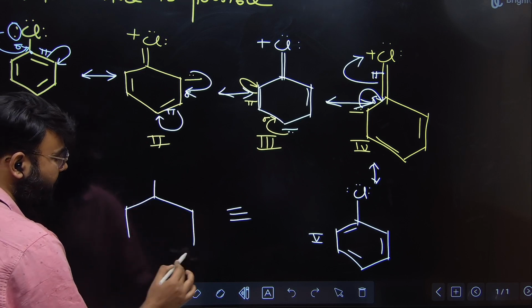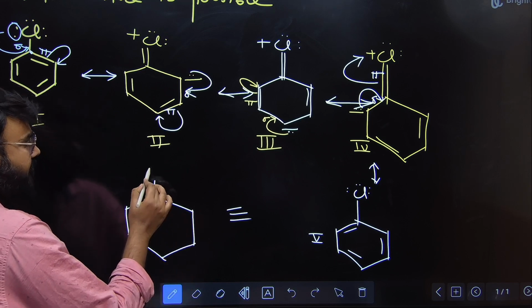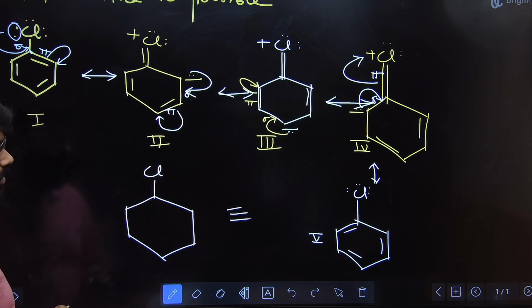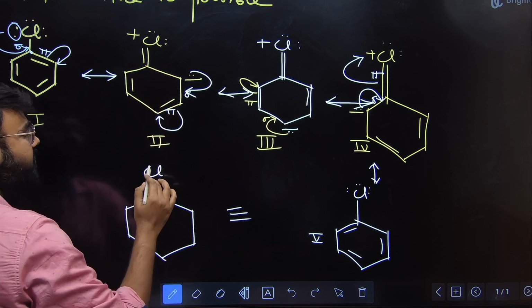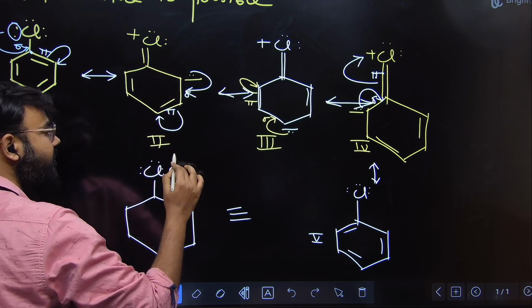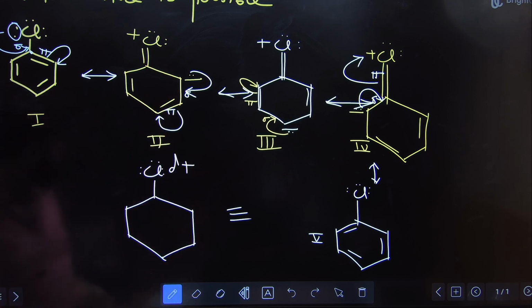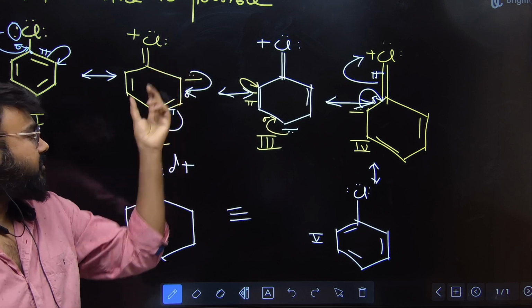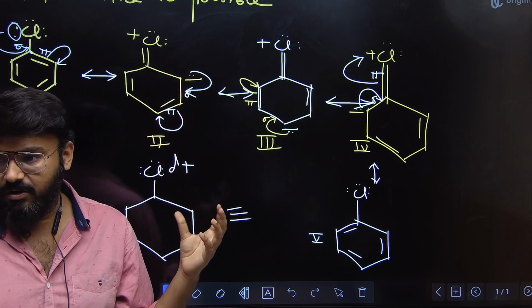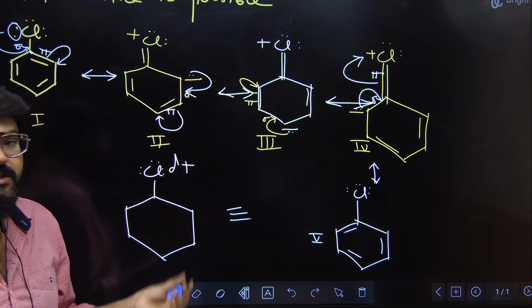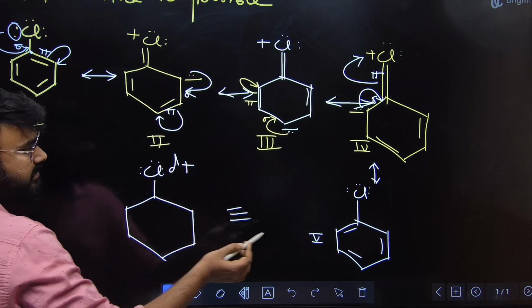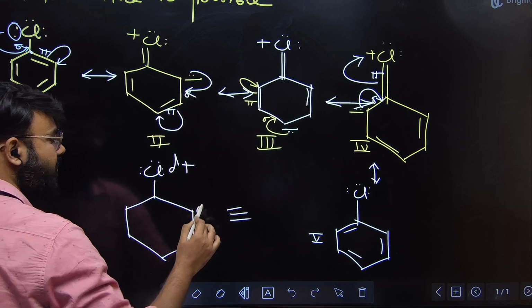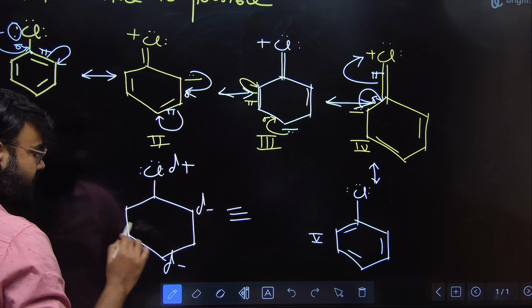So now, first of all, let's draw this hybrid. How do we draw the hybrid? First of all, draw the skeletal structure. Now, you see this chlorine had a positive charge, so can I say it will be partial positive? We represent the positive charge in the hybrid as partial. So the symbol we use is delta. So, partial positive. Now at these positions, we will put partial negative, right?